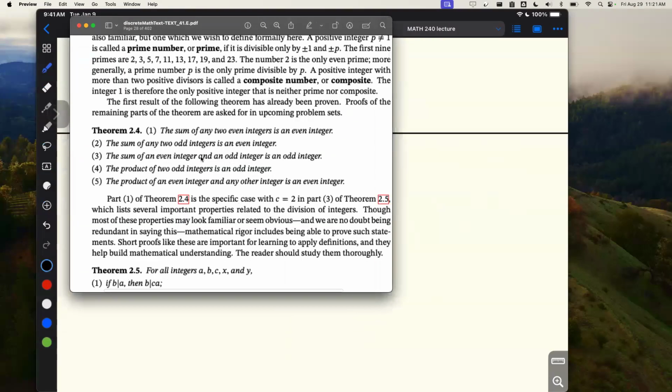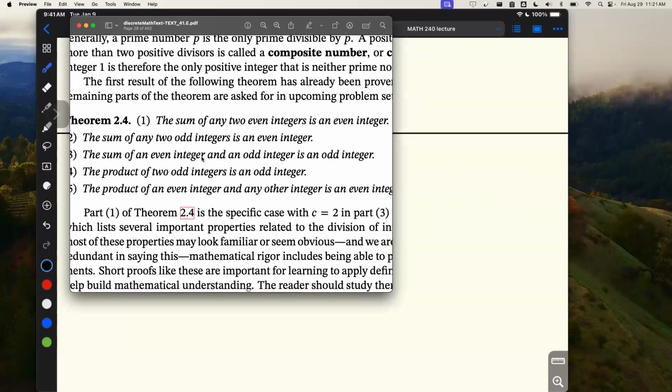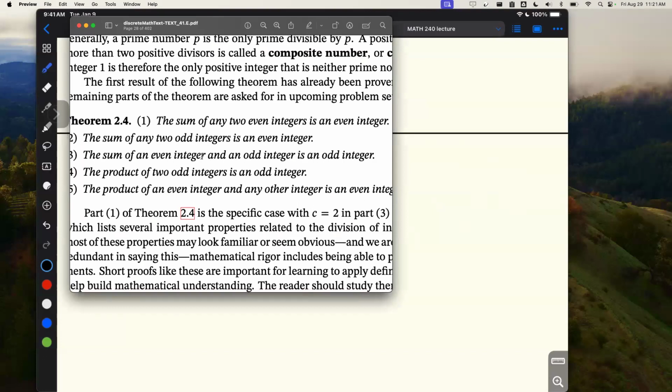These are proofs like the sum of any two even integers is an even integer. We did that. Sum of any two odd integers is an even integer.